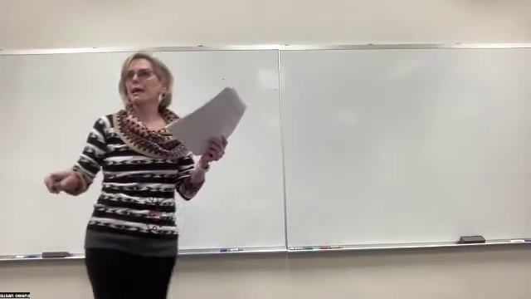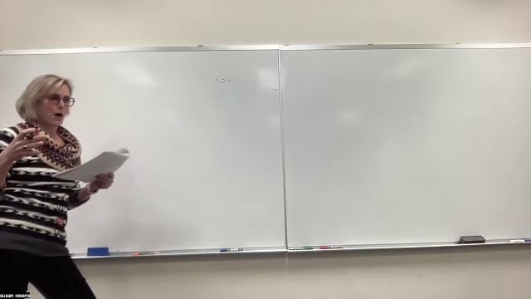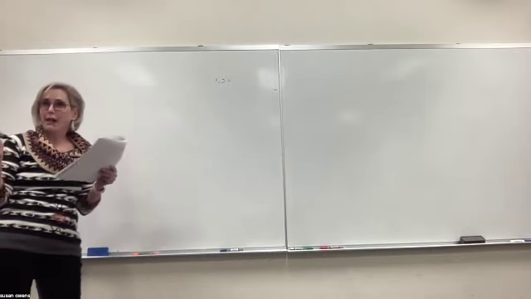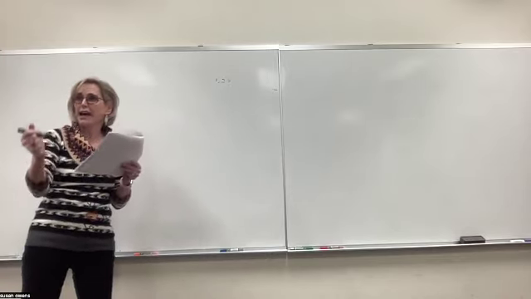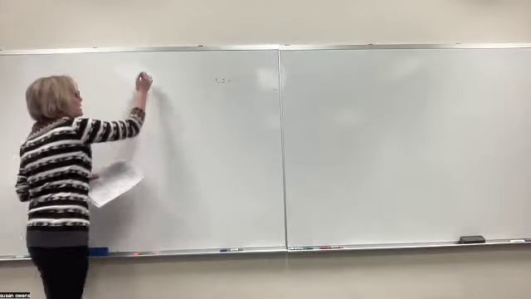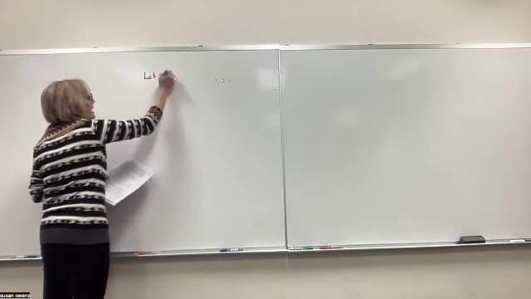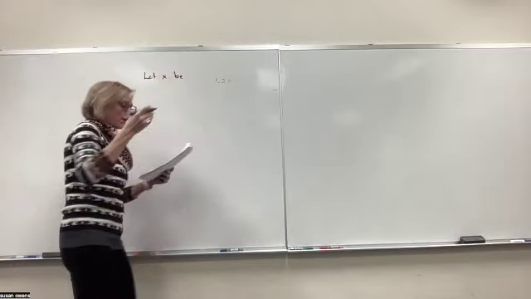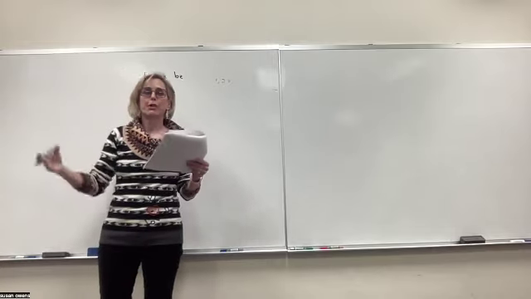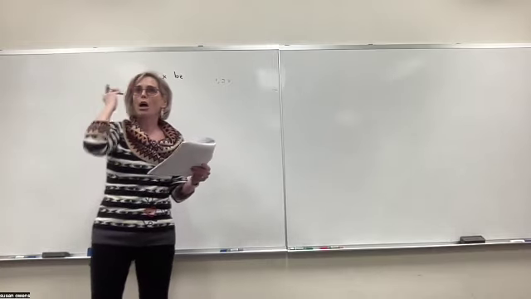So I just want to say this one time to the whole class as a whole. When we're defining our variable, you find that question mark. Let X be. And the question mark says how many production runs at each plant. That will help you get it.